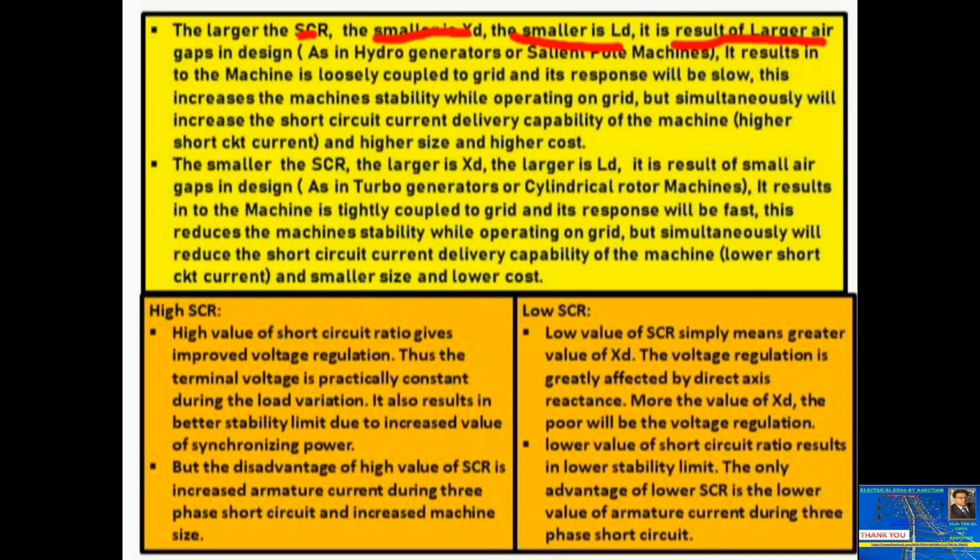If reluctance is more, there will be small inductance, also small mutual inductance and small reactance. This is seen in design, as in hydro generators and salient pole machines. The effect is that the machine is loosely coupled to the grid, its response will be slow, and this increases the machine's stability.